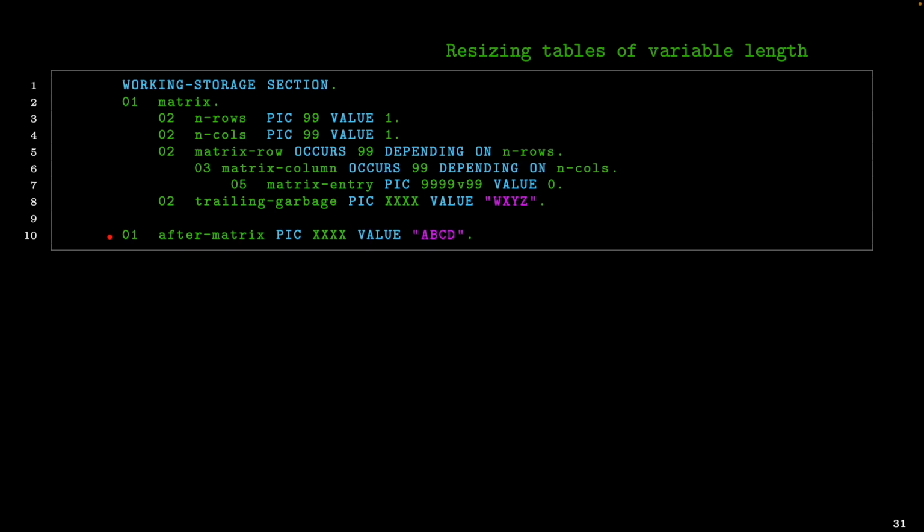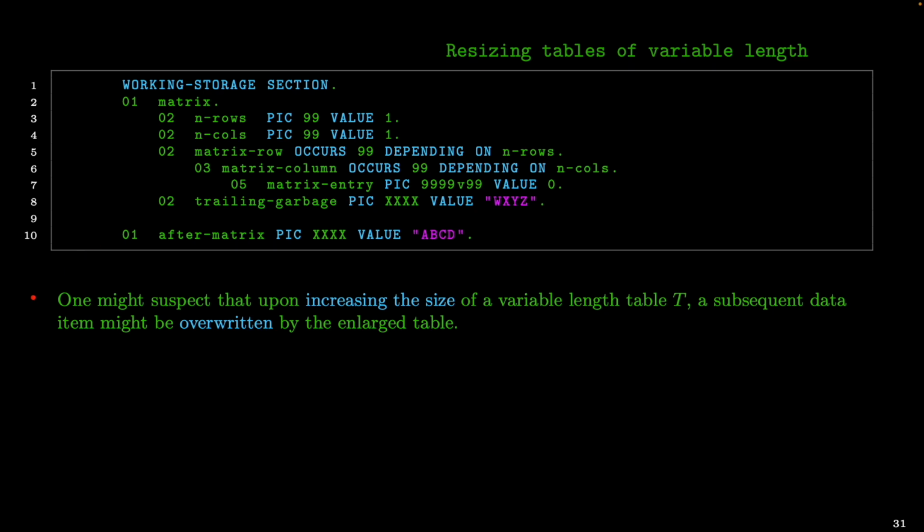a variable length table. So if we resize this table here, our matrix table, then you might suspect that when you increase the size of the variable length table t, any subsequent data might be overwritten if we enlarge the table. So in this example here, that would affect first the trailing garbage and the after matrix data item.